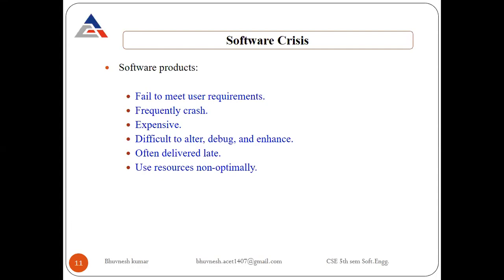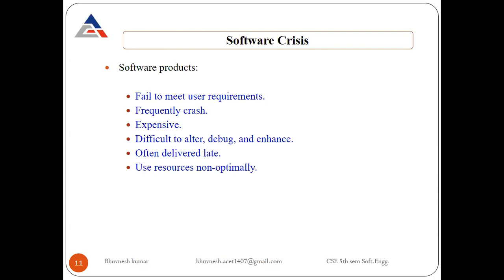First of all, ask the user what he wants. If we do not take any requirement from a user, and we do not make any planning or design, then your product always goes into crisis. Failing to meet user requirements means you have to take user requirements.